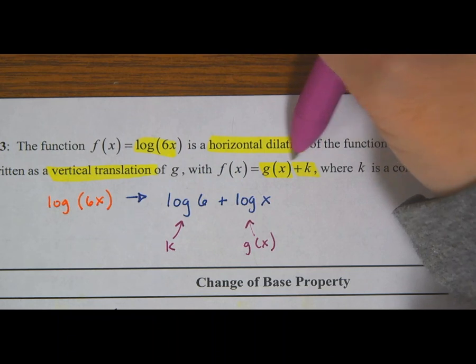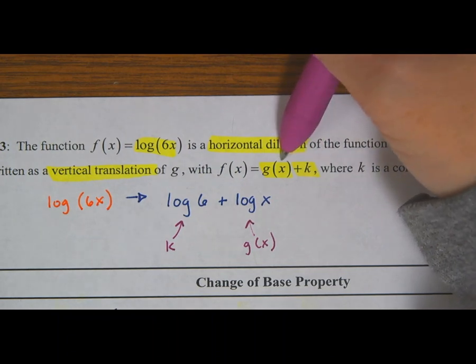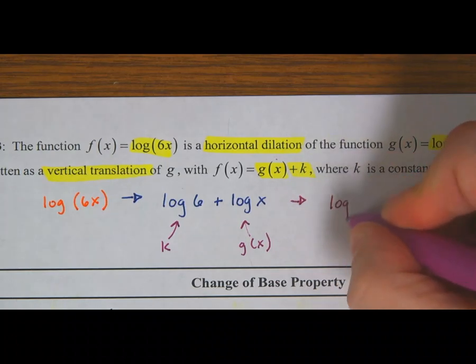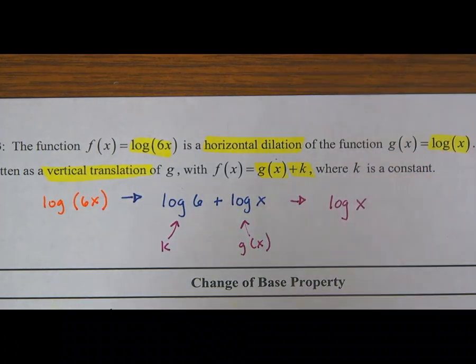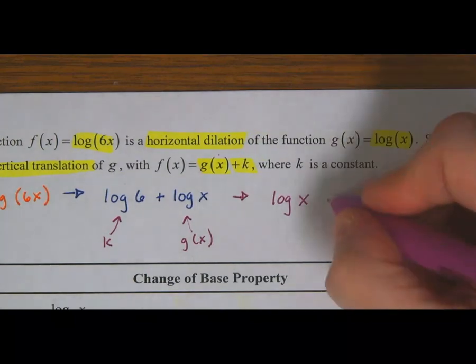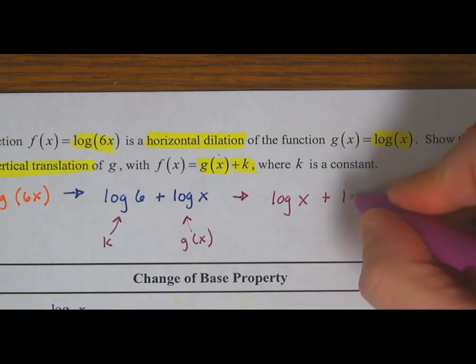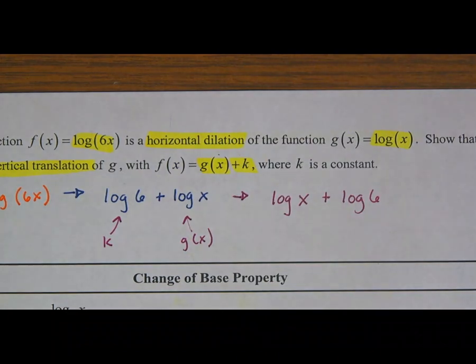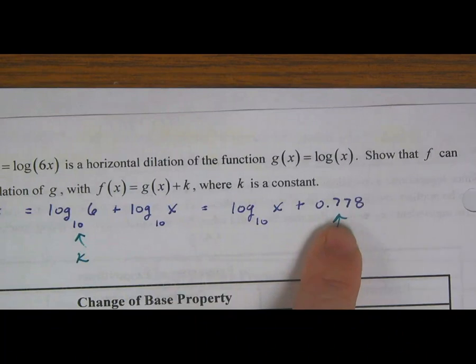That's the vertical translation right there. Let's switch it around so that it's g of x first and then plus the k value. So here's g of x plus k. K just happens to be written in log form. That's more exact than if I typed in log base 10 of 6 in the calculator, I'd get like 0.778, okay?